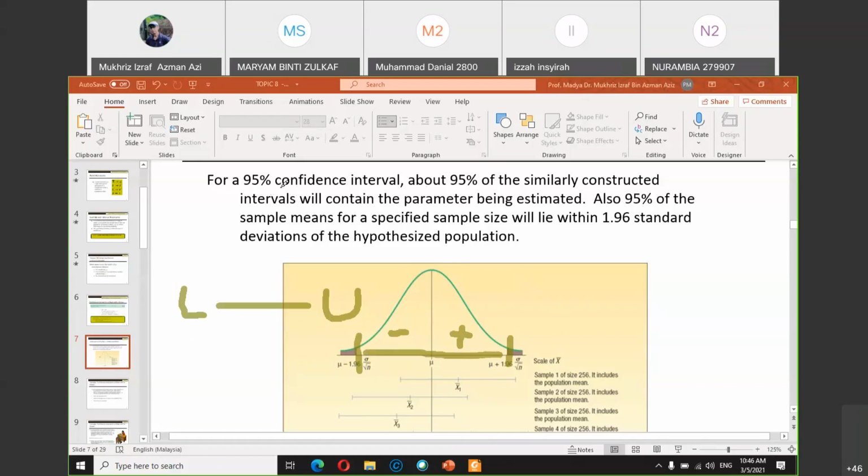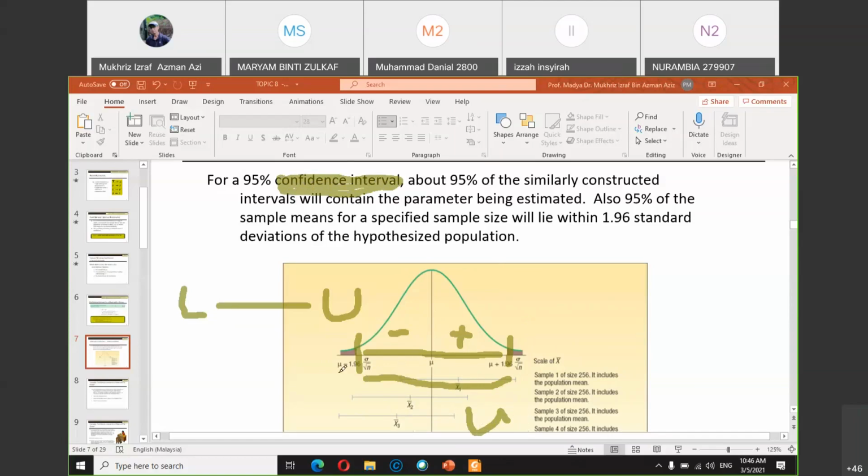Recall that CI is about an interval. So why do you need to calculate the interval? Because we want to make a conclusion from the sample. Somewhere between this value and this value is the value of mu, the population mean.